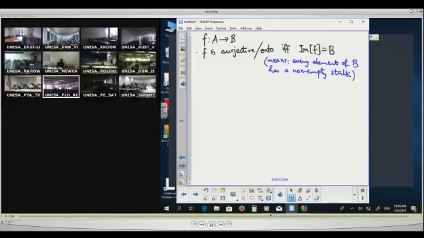I also say one-to-one. You also say injective: if and only if this condition is true, that f(x) equals f(x') implies x equals x'.